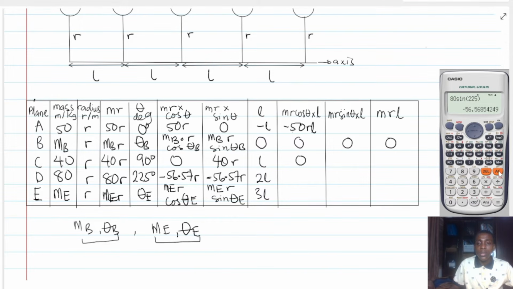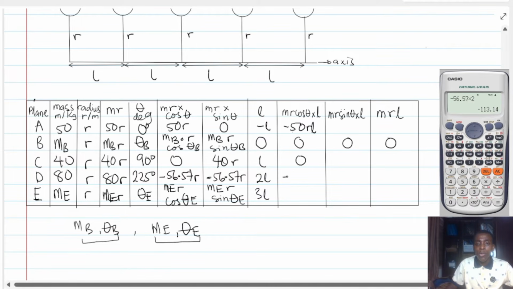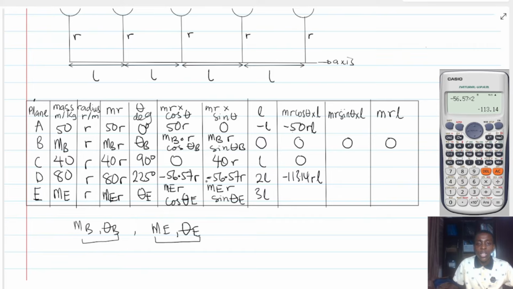All right. So minus 56.57 multiplied by 2. And whatever I get, so minus 113.14. Then I'll add RL to it. So that is when I multiply this by 2 and then R and L. Finally, for this one, I will have to just write 3RL and then I'll do ME cosine theta E.